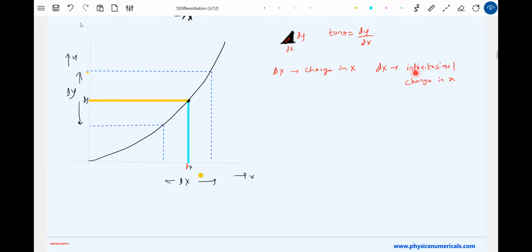Infinitesimal means very, very small. So when delta x almost tends to 0, then delta x will become dx here. The delta x earlier was a certain value. The change is so small that dx, sir, can you say anything about dx? Dx may be 0.0000000, but not equal to 0; it tends to 0.